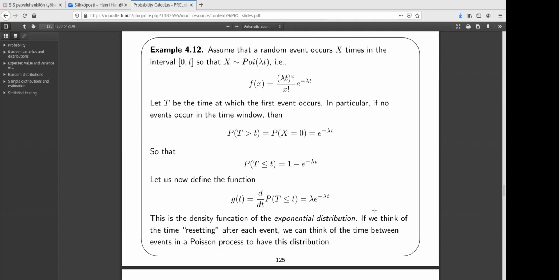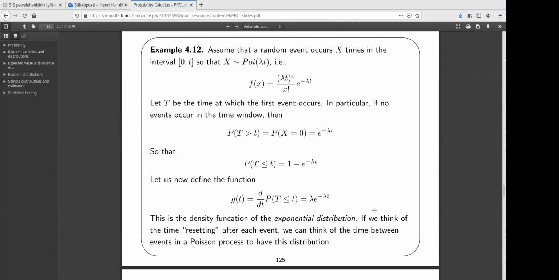This is a cumulative distribution function. This is the cumulative distribution function of something occurring at least once before some given time, right?